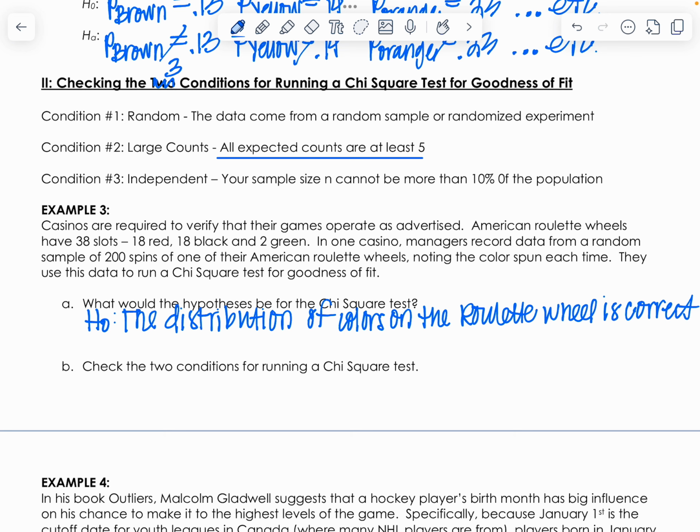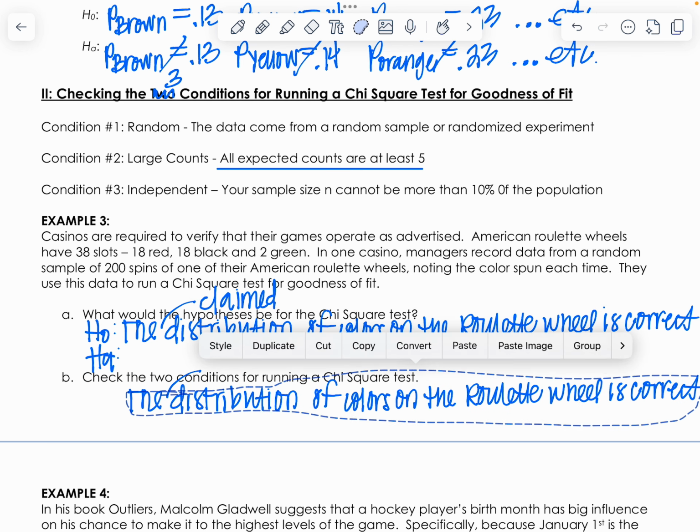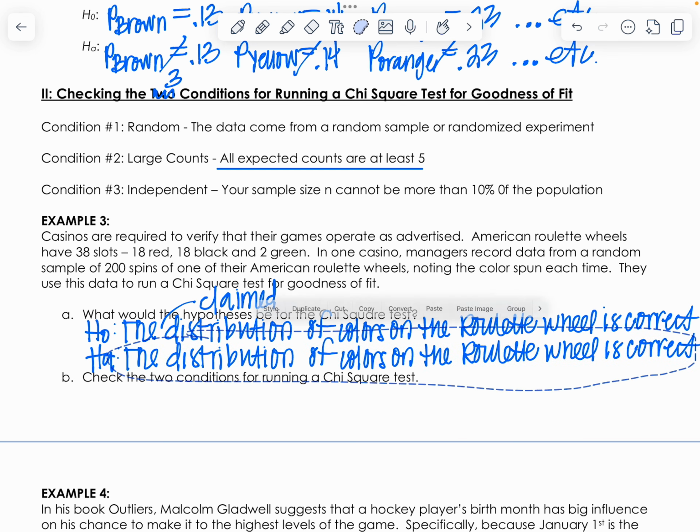Maybe we should say the claimed distribution there. So then the alternate will say the exact same thing. I'm going to cut and paste exactly what we just wrote. Erase this. And the only difference is that our correct becomes incorrect.